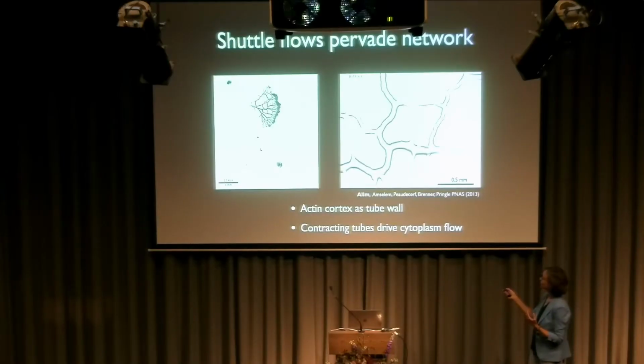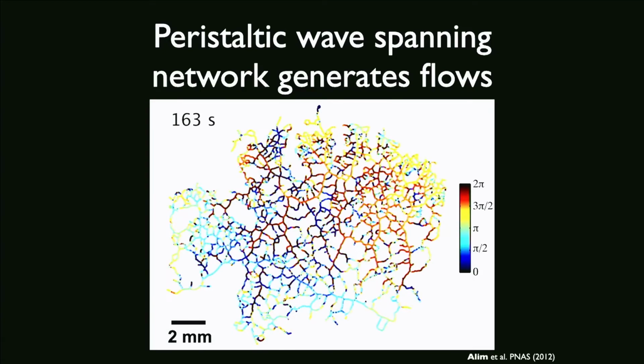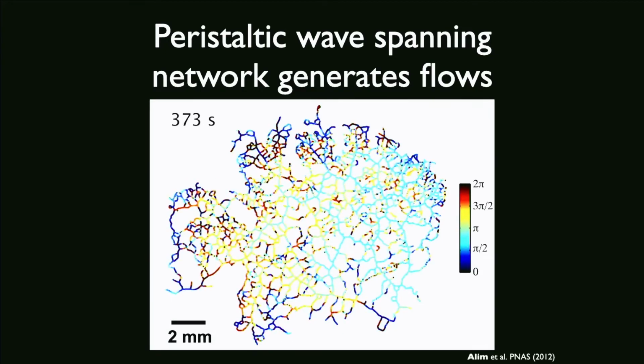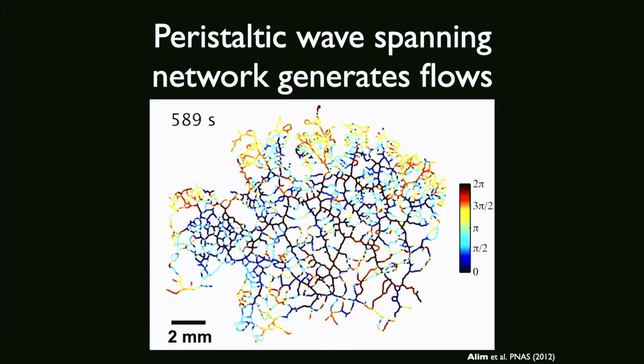And just to give you a taste, these contractions that are driving the fluid flows are actually coordinated across the entire network. So this is mapping out the phase of the contractions for you to see that there's a traveling wave that's sweeping this entire network.